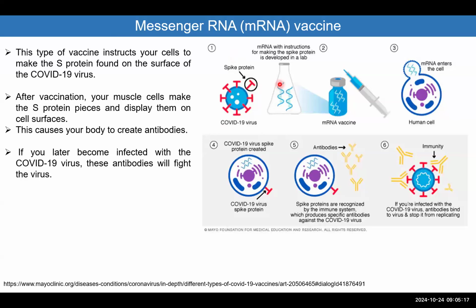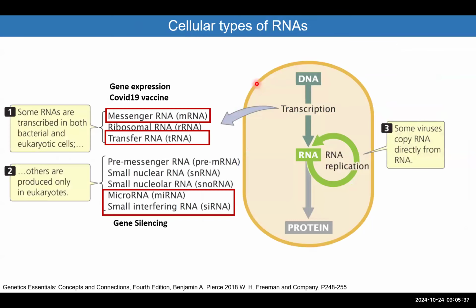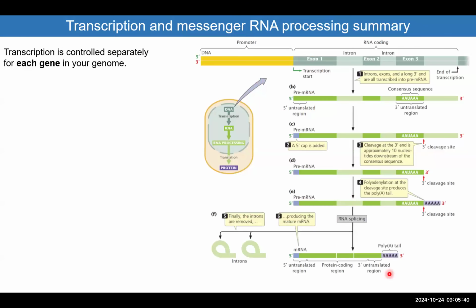Now, the only difference that was introduced with the COVID-19 virus is that instead of using the protein as a part to make an antibody, researchers took a messenger RNA that encodes for that protein. So in principle, they went into the spike protein and said, this is the messenger RNA that codes for COVID-19.